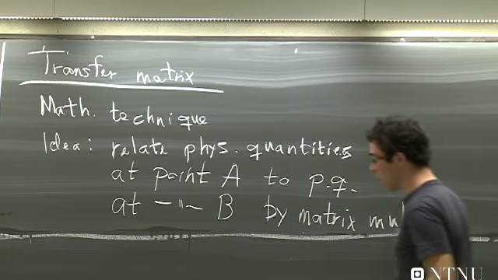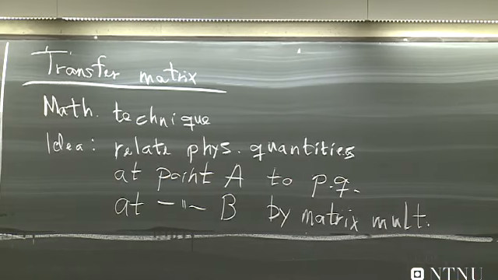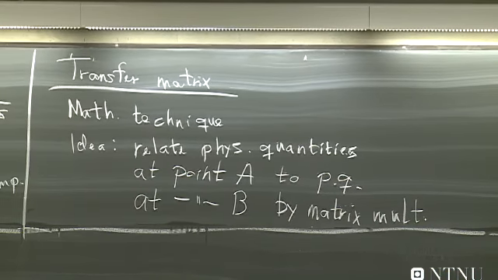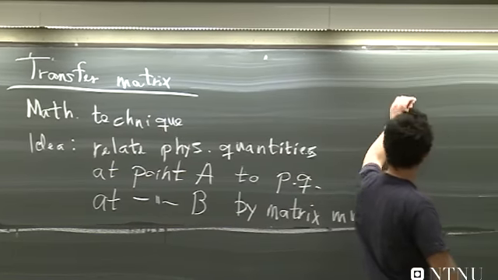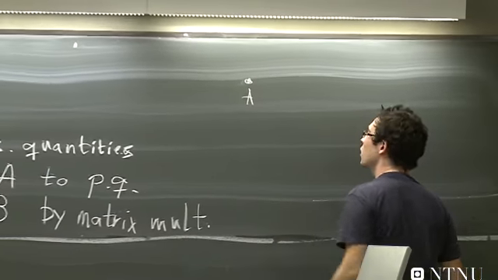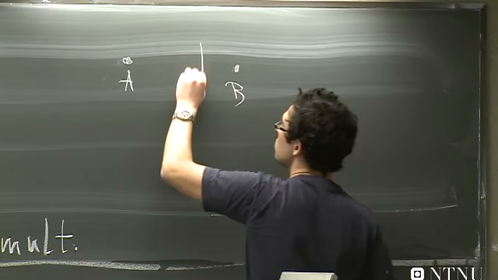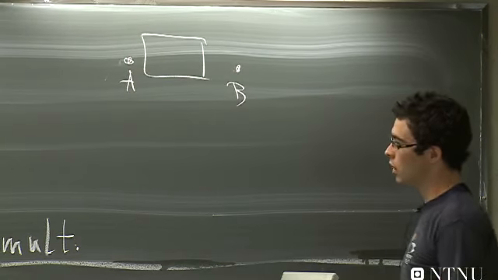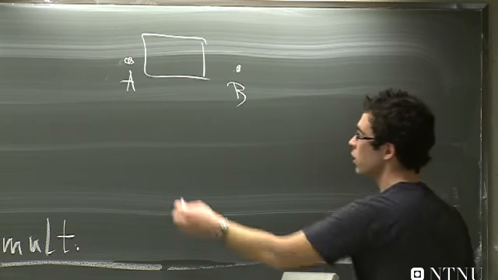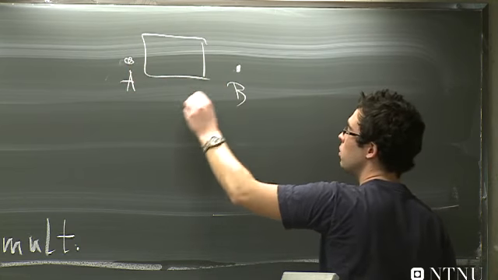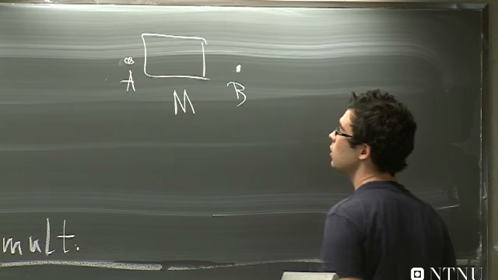And this might seem relatively uninteresting, but let's say I have a vector of quantities here at point A, and I have some system here, let's say thin films, then I can relate those to the quantities at point B by a matrix multiplication.